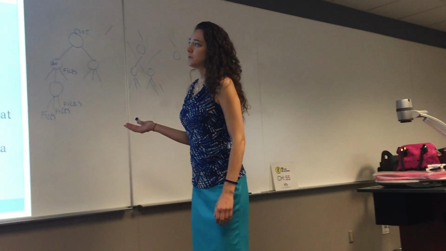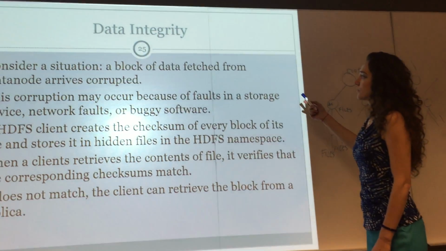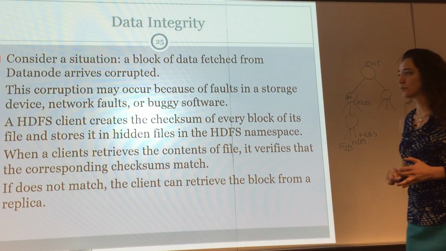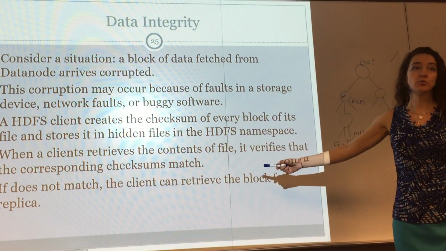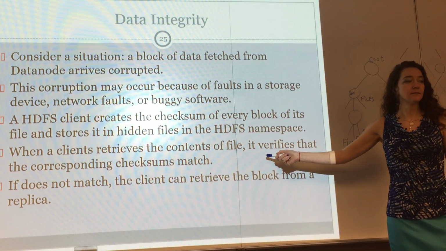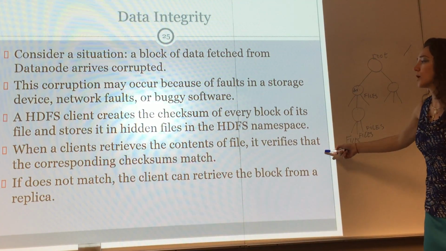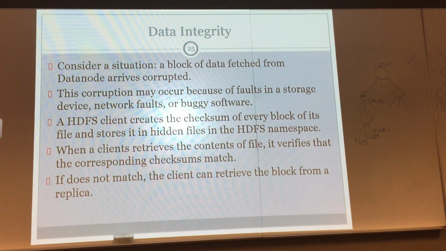If that happens, we have this checksum that we can use to determine that there is an error and try to correct the error. If not, we need to ask the client to resend this data packet, or go and look for other copies of it in another data node.